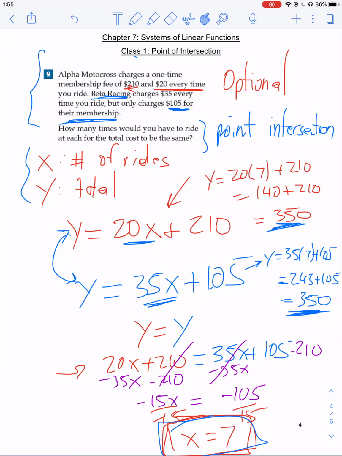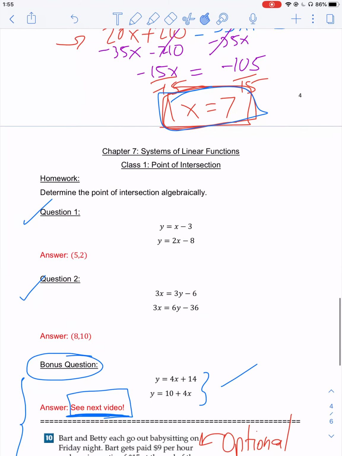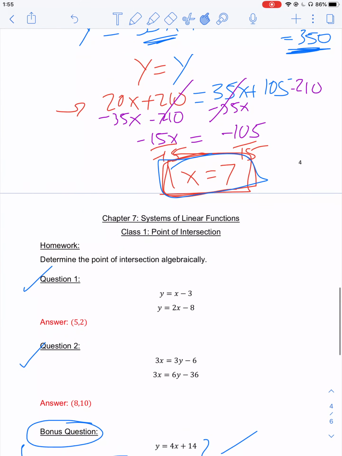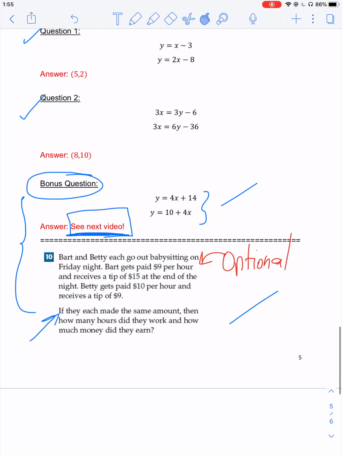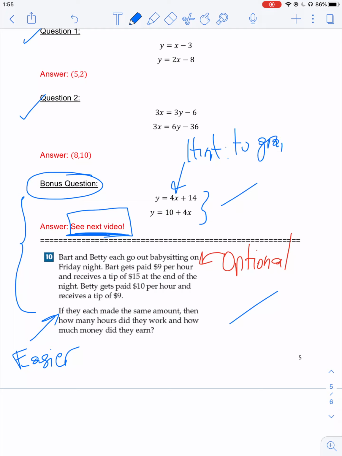So please go ahead and attempt the two bonus questions that I'm giving you, and see if you can figure this out. In my opinion, this one is easier, and this one is more difficult, but I'm going to give you a hint. The hint is to graph them, and then you'll see.